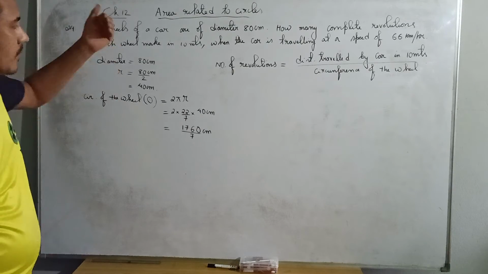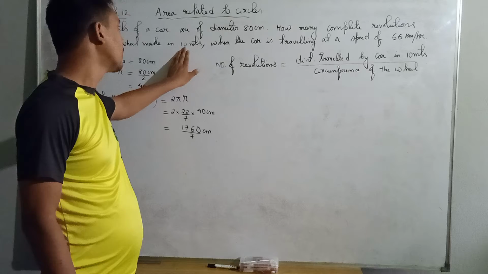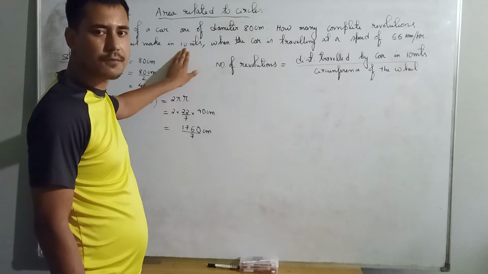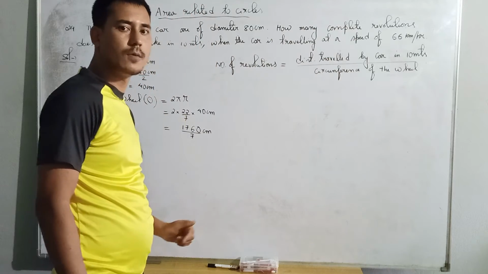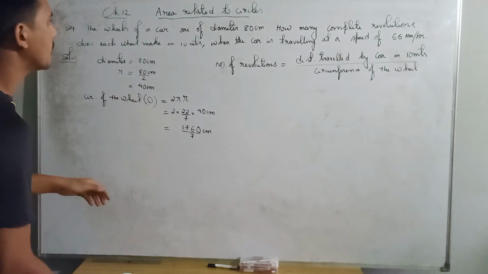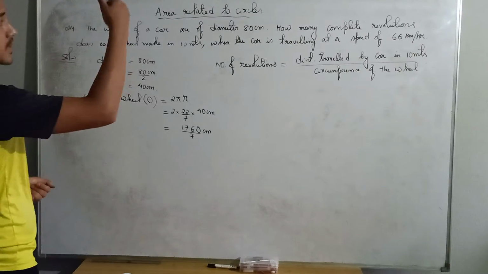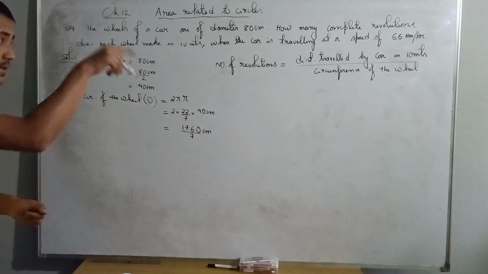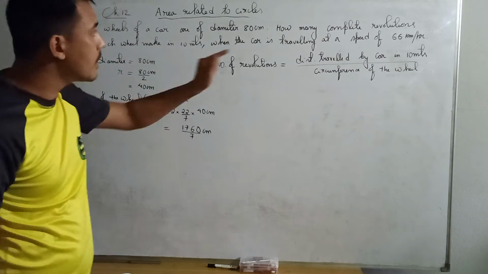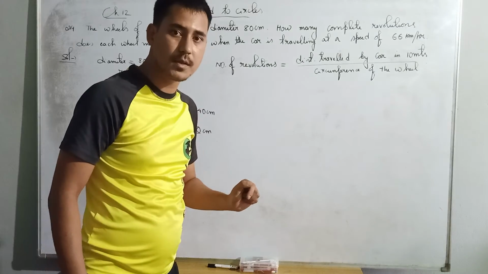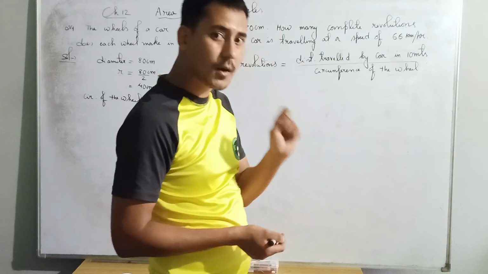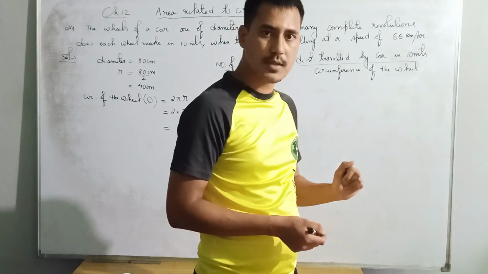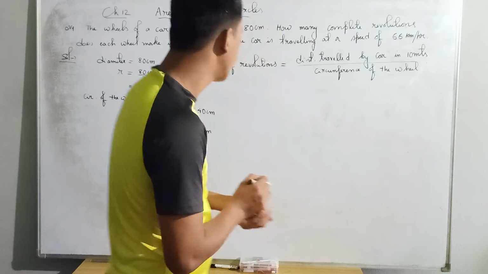Now, the car traveled for a time duration of 10 minutes with a speed of 66 km per hour. That means in 1 hour, it covers a distance of 66 km.